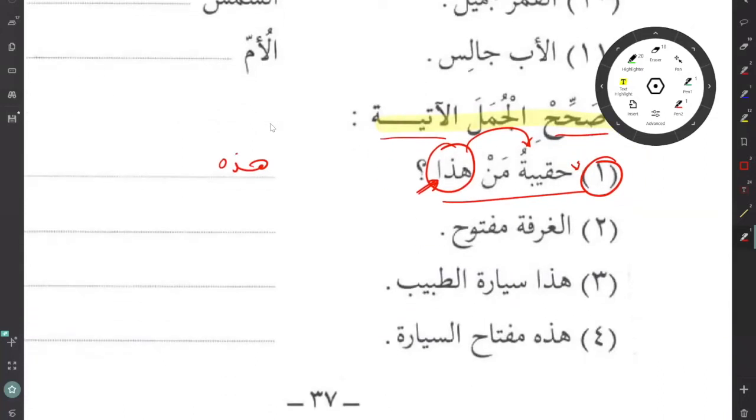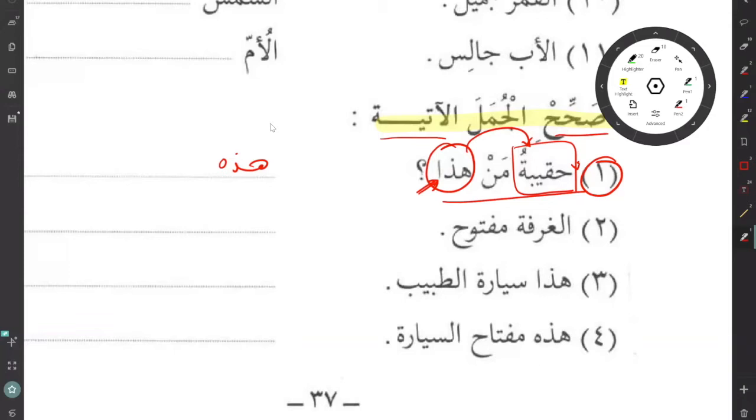So what do you think? You want to drop the tamarbuta from a noun? I remember I warned you about this thing. You have to understand the difference between noun and adjective. Adjective, yes, if you need to drop, you can drop. If you need to add, you can add. Haqiba is a bag. It's not an adjective. I don't even know if there's a word if you remove the tamarbuta.